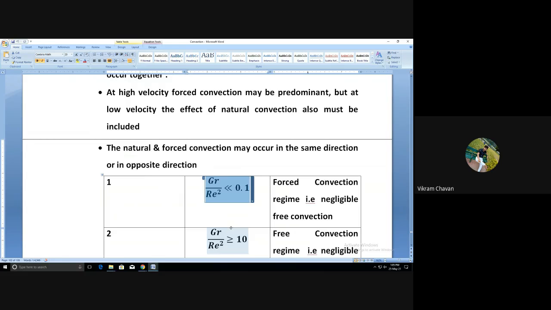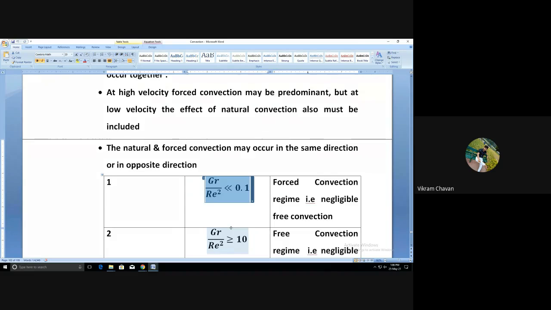The Grashof number deals with natural convection, whereas the Reynolds number deals with forced convection. So the ratio between these two values will tell you whether the problem statement is about forced convection, natural convection, or combined forced and free convection.